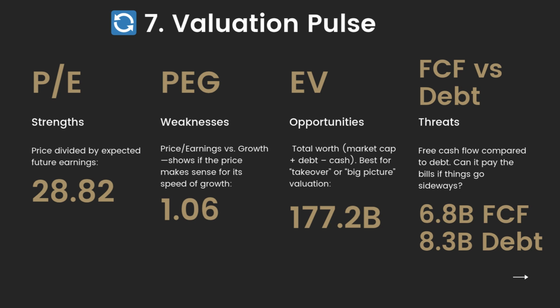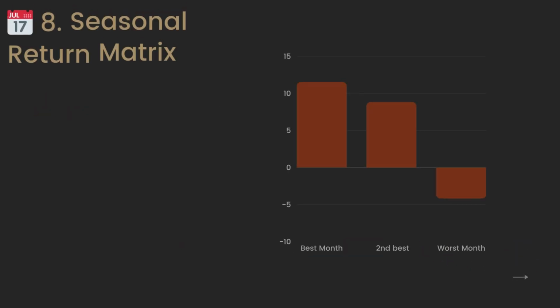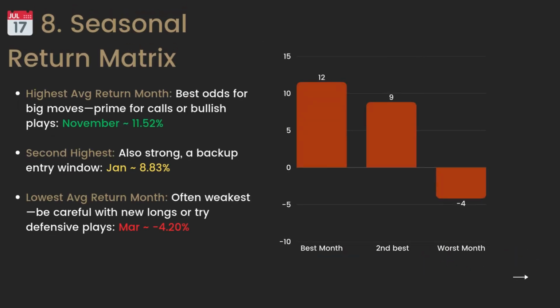Now, let's get into the 8th pillar, which is the seasonal return matrix. So its highest average return month is November right now. And it looks like the returns on that month are 11.52%, which is nothing to sneeze at. That's pretty damn good.